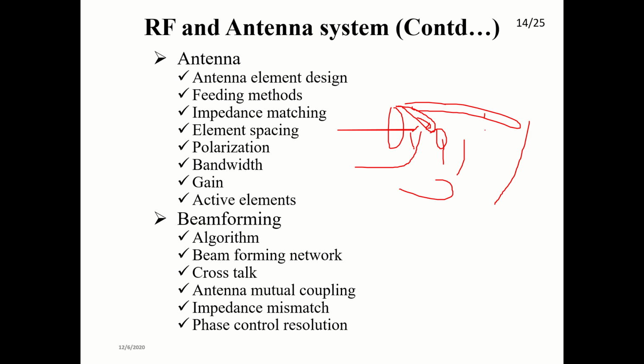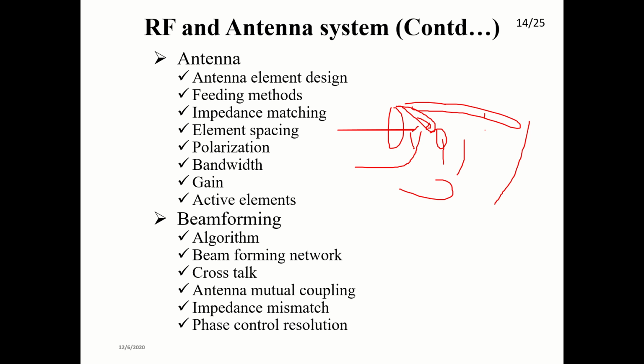The element design plays a crucial role here, because the element dictates the beam width and many parameters, like side lobe levels, bandwidth, gain, beam width, beam switching. So all these things are happening. Element design is a crucial one.